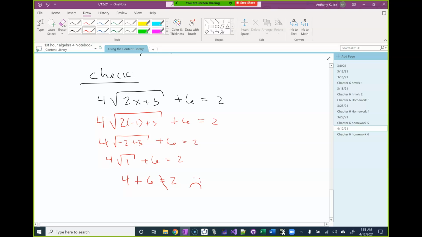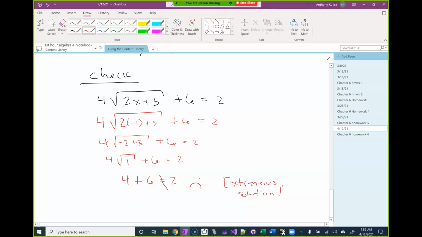What's the problem? Did we make a mistake? No, we didn't make a mistake. What we found here is that these solving problems can have extraneous solutions again. So this is an example of an extraneous solution. We found an answer doing our solving algorithm that appeared to be correct.